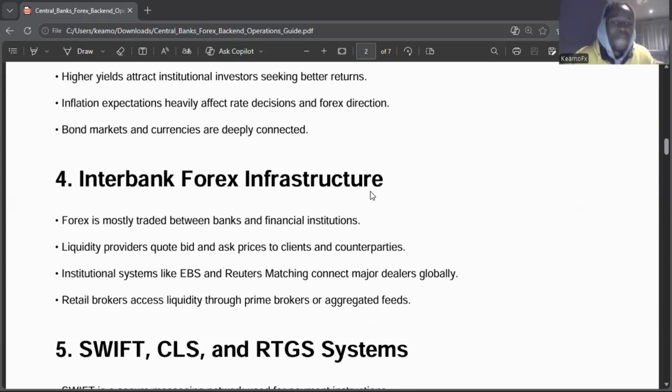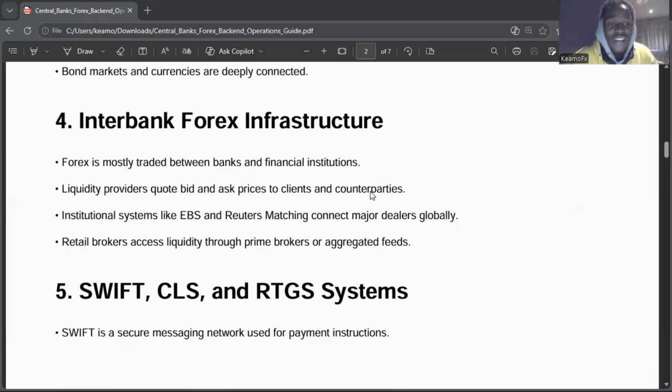So the interbank Forex infrastructure. What does that mean? Forex is mostly traded between banks and financial institutions. Liquidity providers quote bid and ask prices to clients and counterparties.